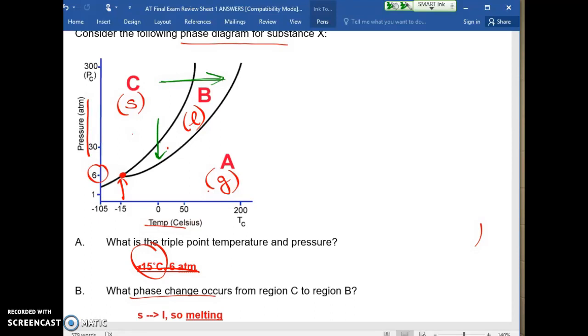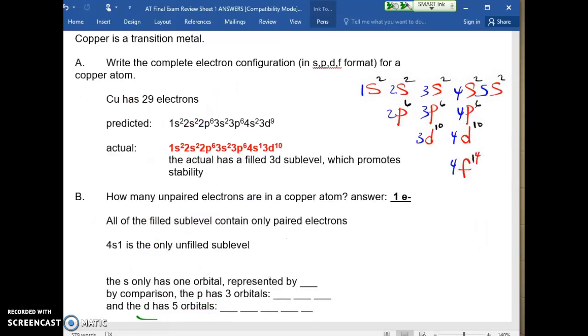When either of these things happen, you're going from a solid to a liquid, which of course you know is called melting. If by comparison, let's say that at a temperature of negative 100, the pressure dropped from 6 to 1 atmospheres, well, in that case, you're going from a solid to a gas, and that would be called sublimation.